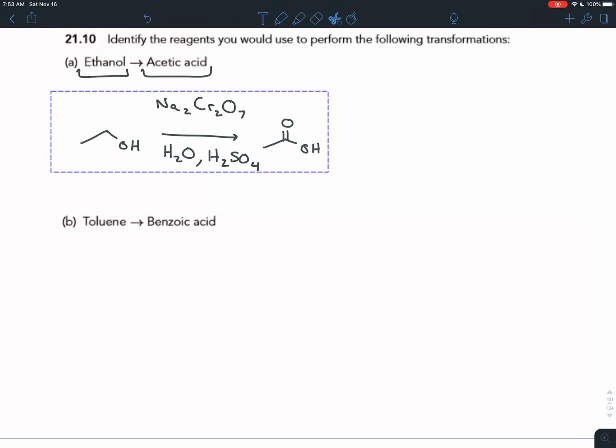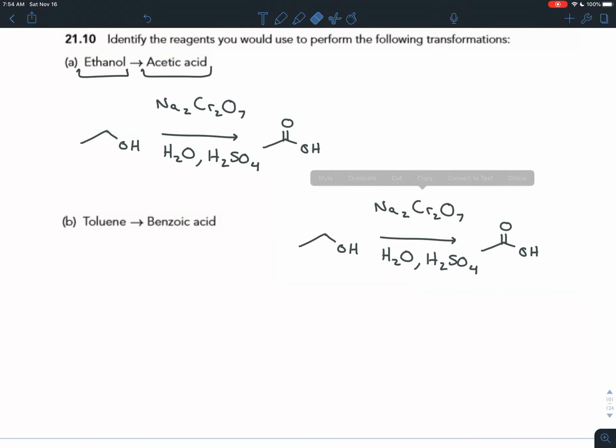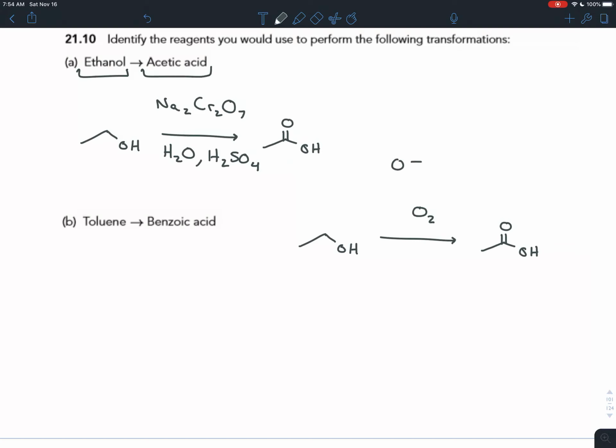And this reaction actually happens if you just leave any sort of drinking alcohol out in the air, because oxygen itself is not as strong as sodium dichromate, but it is an oxidizing agent. O2 is often drawn like this, but really that's just one resonance structure.